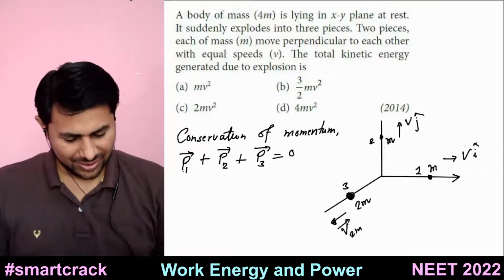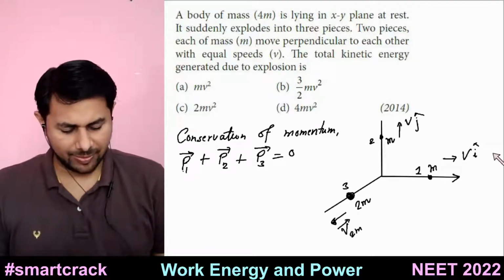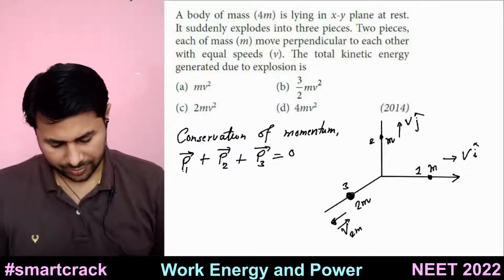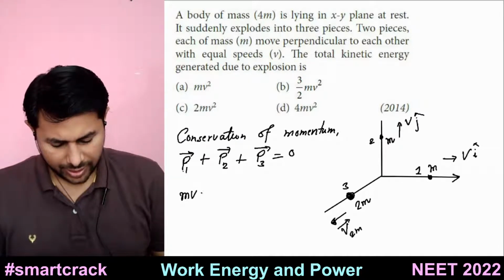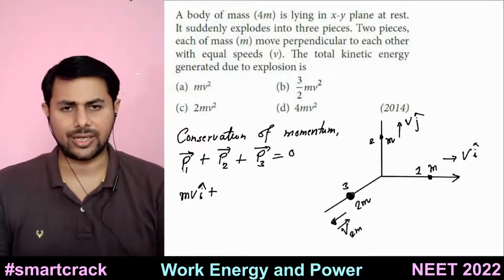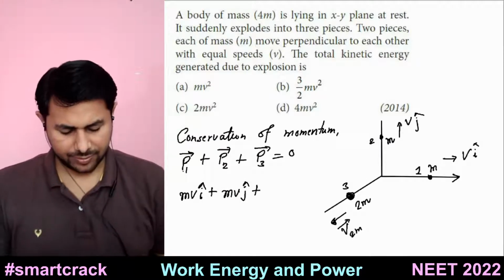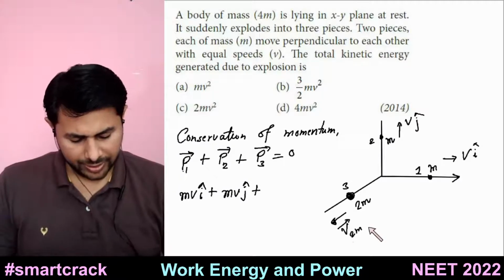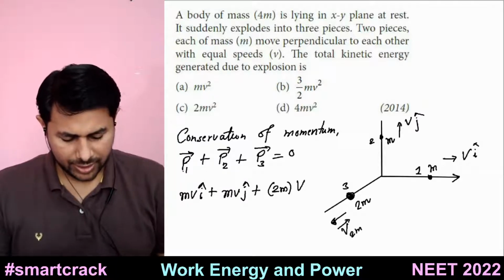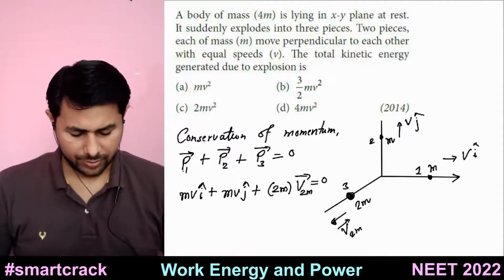Okay, so what is the momentum of this first mass? It is its mass multiplied by velocity. Velocity is v into i cap, because it's moving in the x direction. So mv into i cap plus the momentum of the second one, mv into j cap, plus the momentum of this one: its mass is 2m, velocity is v2m bar, and the sum of all this should be equal to 0.